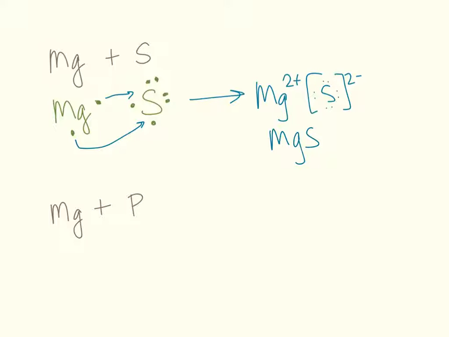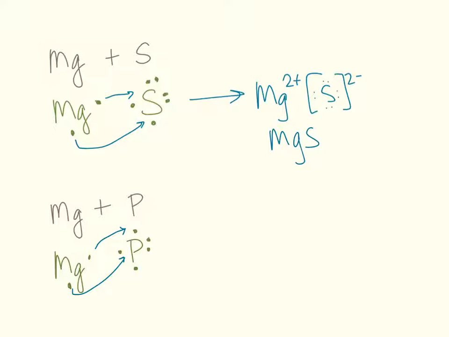Alright, and then the last one that I have here, we're going to have magnesium with 2 valence electrons, and we're going to have phosphorus, which has 5. So I've got 1, 2, 3, 4, 5. And so this electron can come up here, while this electron can go down here.